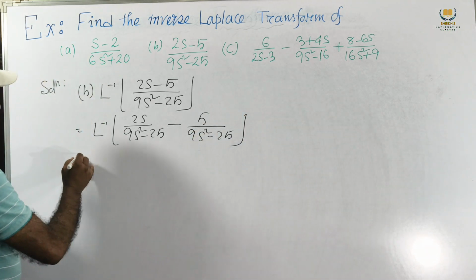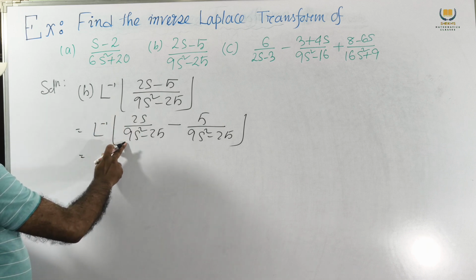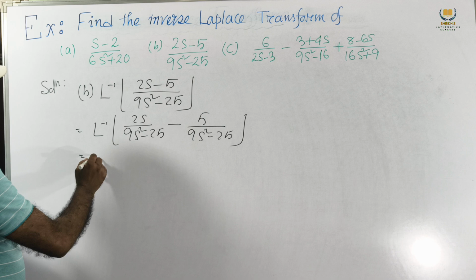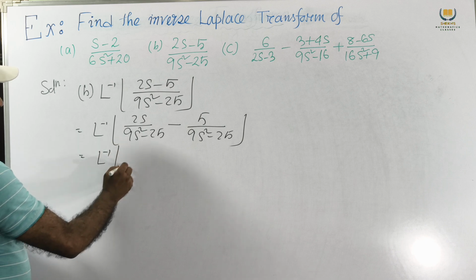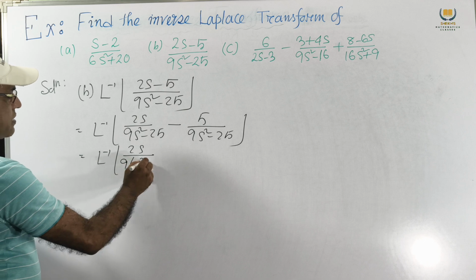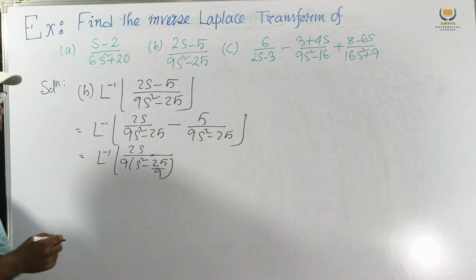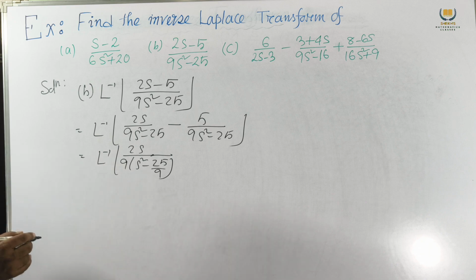Here the coefficient of s square is 9, so we take 9 common, giving s square minus 25 by 9, because the coefficient of s square must be 1.